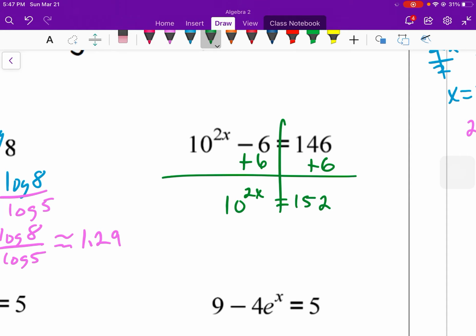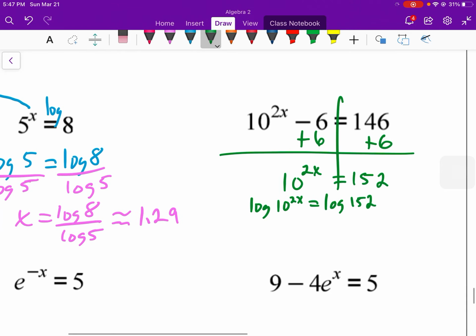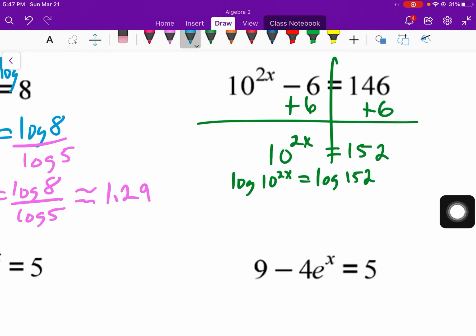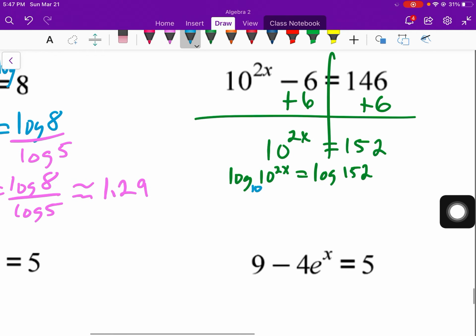Now I'm going to take the log of both sides. I'm going to write that down here maybe. Log of 10 to the power of 2x equals log of 152. We could go one of two ways here, but I'm going to show you and remind you that log has a common base of 10.